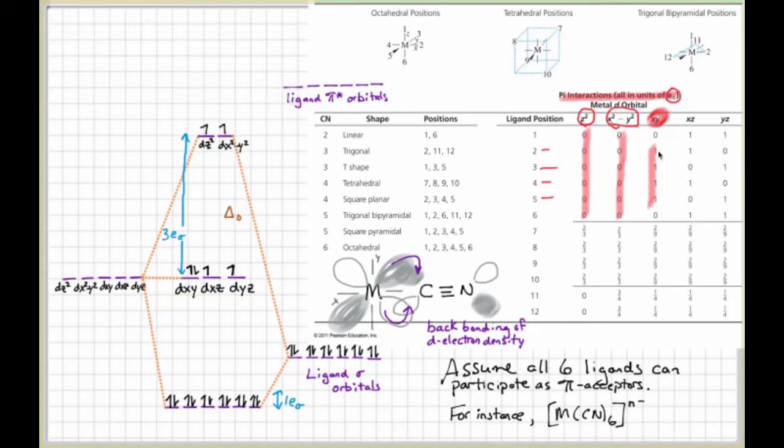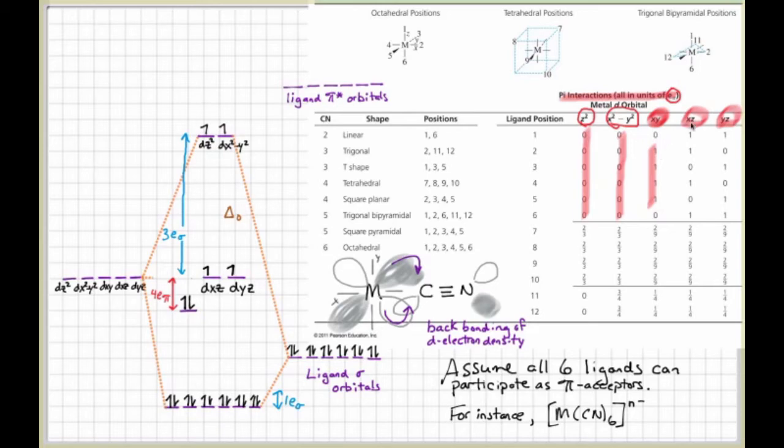So in a pi acceptor interaction, pi acceptor of the ligand from the metal, the d orbitals are lowered in energy, and so our dxy will be lowered in energy by 4 E pi.